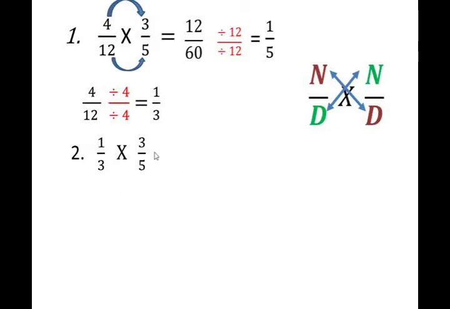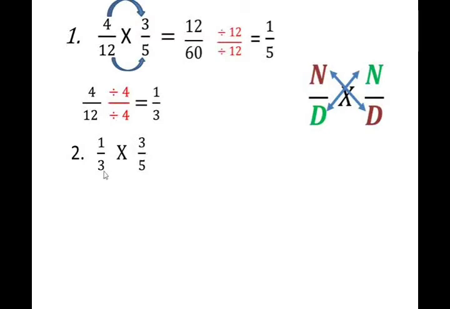Or before we even get to this stage, let's do a cross simplification. I notice that there's a 3 in the denominator of my first fraction, and there's a 3 in the numerator of the second fraction.